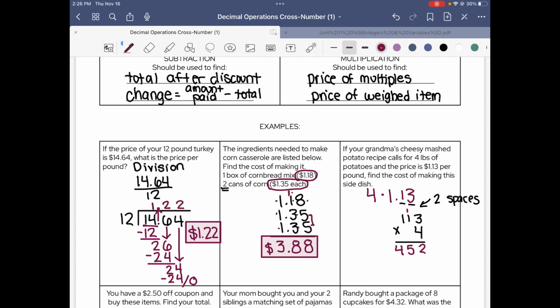And then you carry the decimal point over 2, which gives you $4.52. So 4 pounds of potatoes at $1.13 per pound is $4.52.